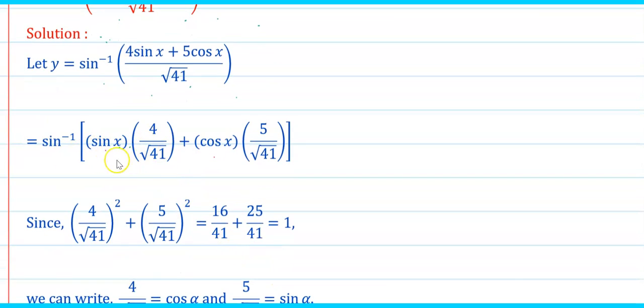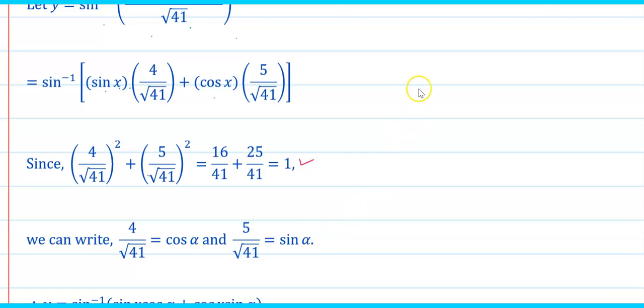आता इथे हे एक्सपान्शन आपल्याला साइनचं मिळण्यासाठी we here take the 4 upon root of 41 bracket square plus 5 upon root of 41 square. If we take their square and add it, then you are getting the 1. Means what? There is a right angle triangle तयार होतो तिथे, and hence we'll write here. See this here. This is the right angle triangle.